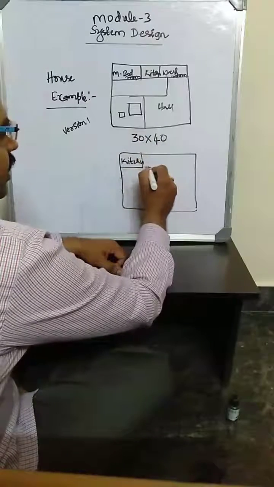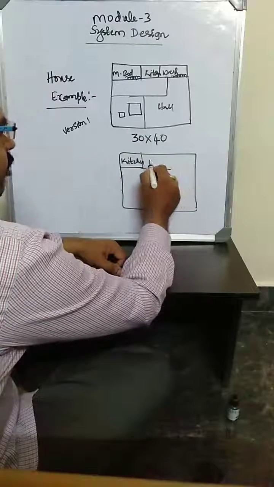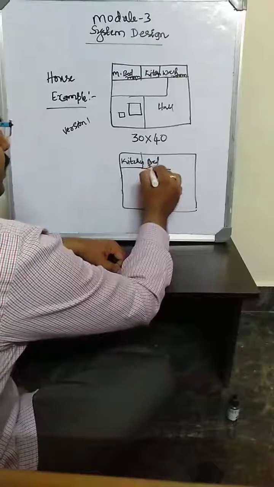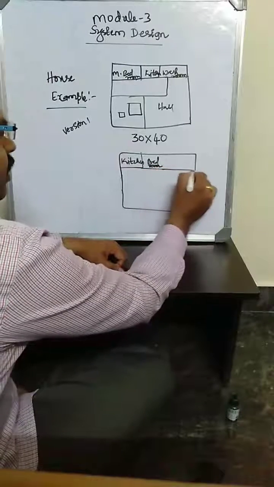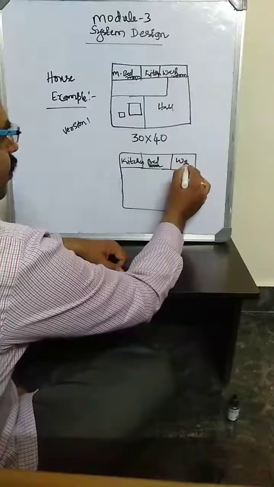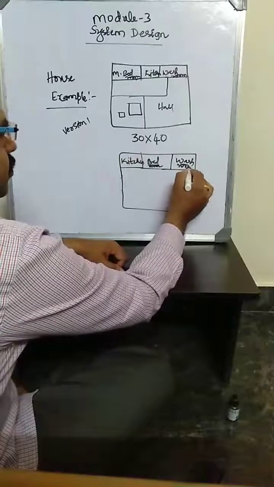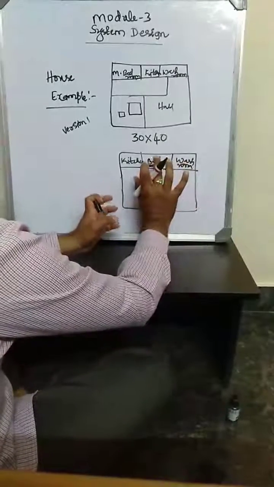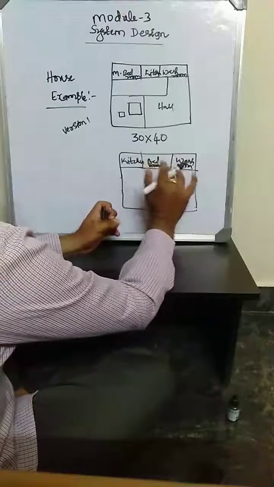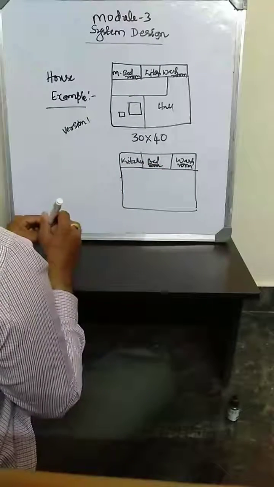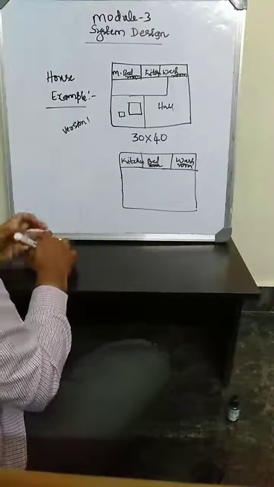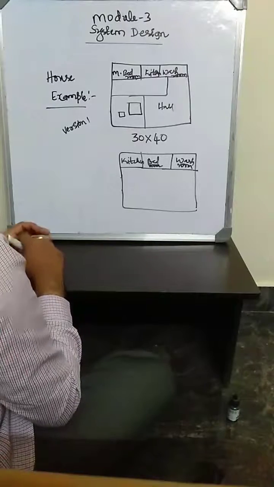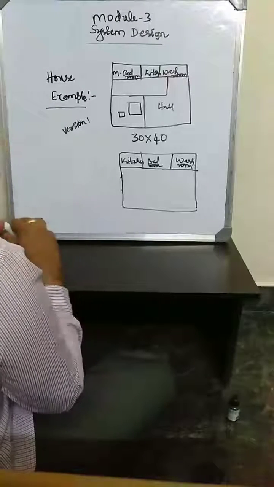And here he may place a washroom, or else a bedroom. And at last he may place a washroom. Getting it, right? The version of this sketch, the design, will change from one person to another.